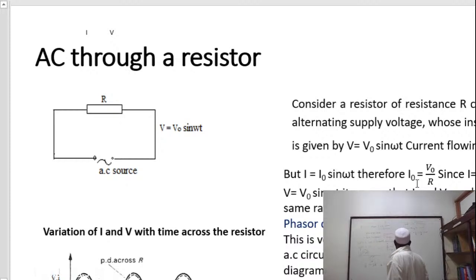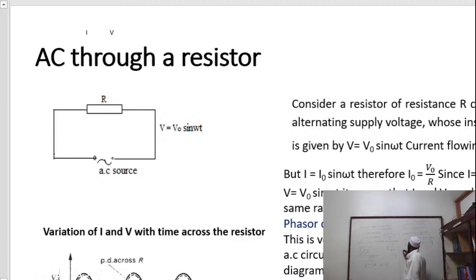Therefore, the value of current I is going to be equal to V naught over R sine ωt, which is of the form I equal to I naught sine ωt, implying that the peak value of current is now going to be V naught over R. Now you can see the relationship between the value of current you have got and the voltage which we supplied are the same.